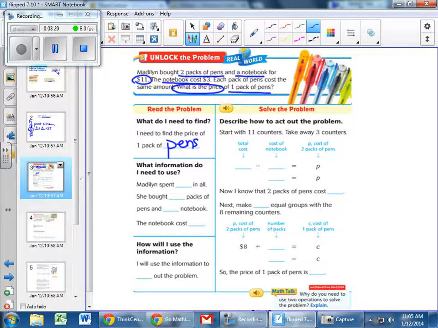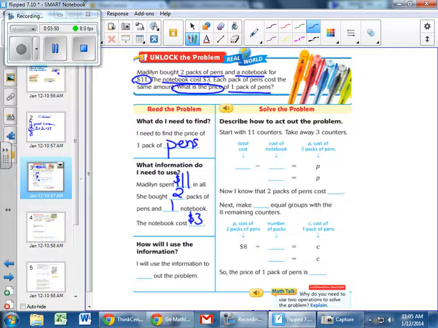Well, if we underlined it while we were reading along, Madeline spent $11 in all. She bought blank packs of pins, underline 2 packs of pins, and a notebook, which means 1. And the notebook cost $3. All of that is already underlined, so we can quickly go back and spot it without having to reread those extra words.